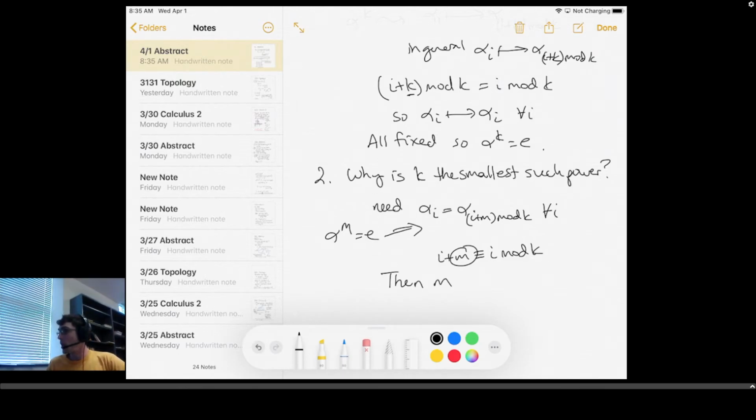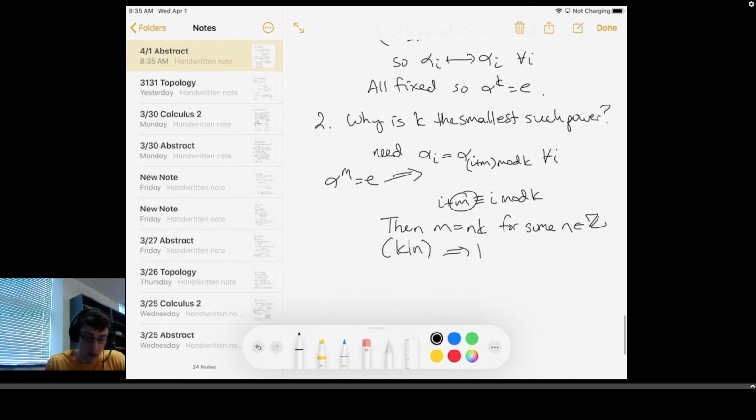It need not be equal to k. It's a multiple of k. Then m equals nk for some n in the integers, so k divides m. In either case, k is less than or equal to m, and so k is the smallest, so the order of alpha is equal to k.